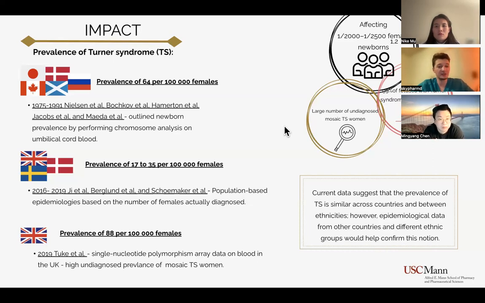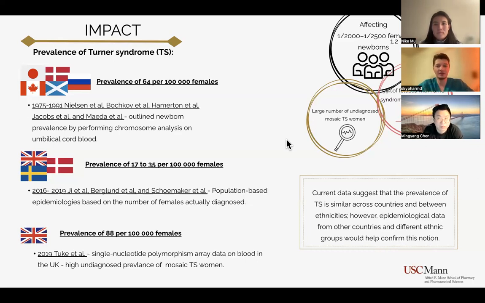It used single nucleotide polymorphism array data in blood in the UK, which is usually used as a high-end diagnostic for prevalence in mosaic TS women. Essentially, they used chromosomal analysis data on women who were pregnant, and that data was more reliable as a result. You had more individuals diagnosed, with 88 per 100,000 females.